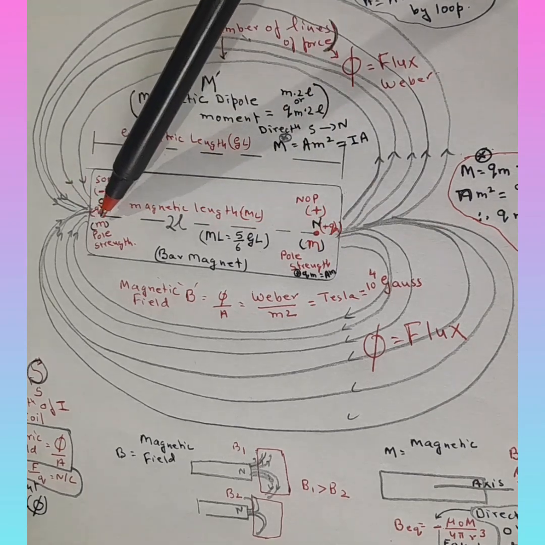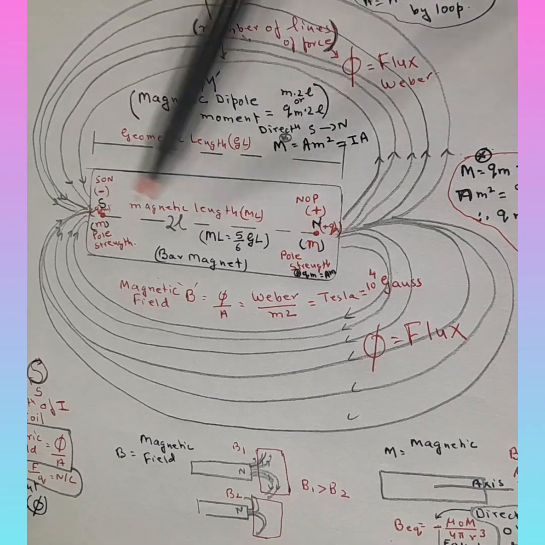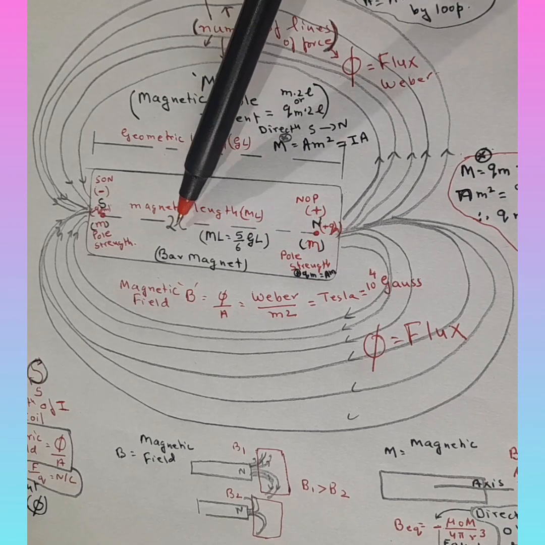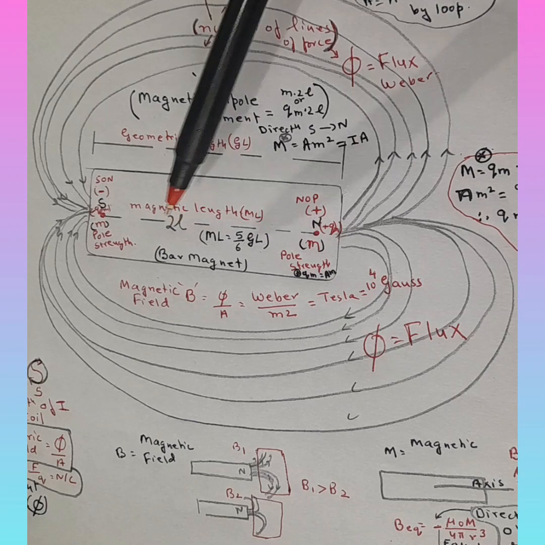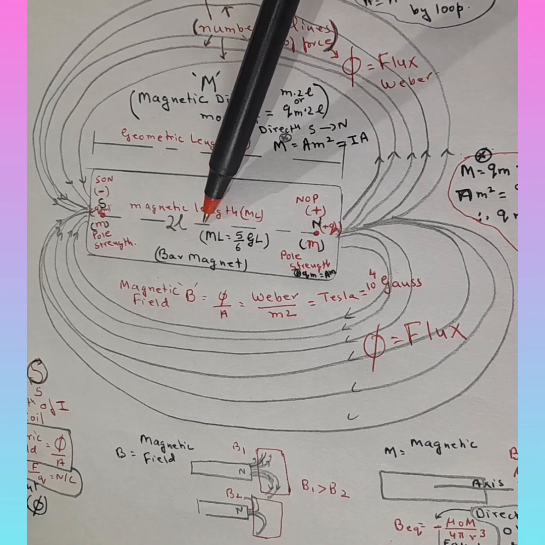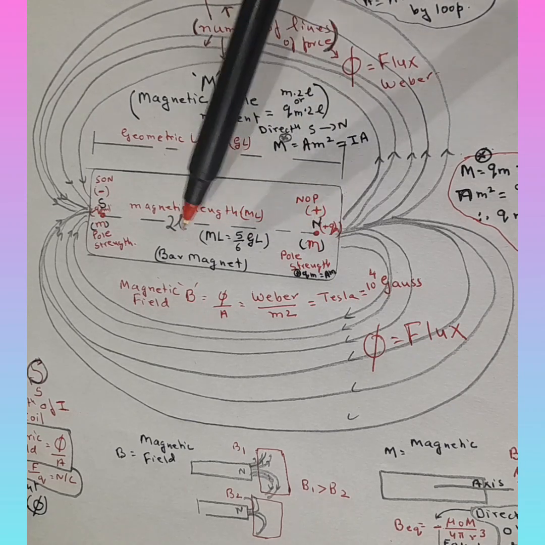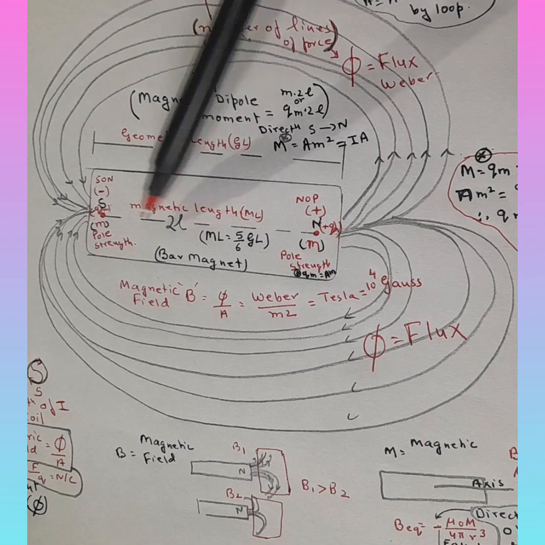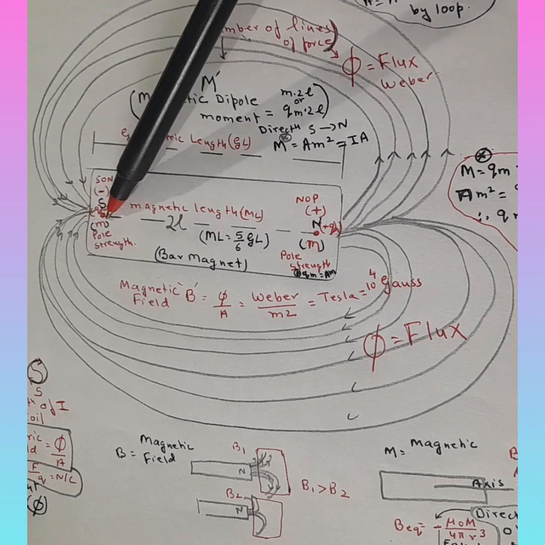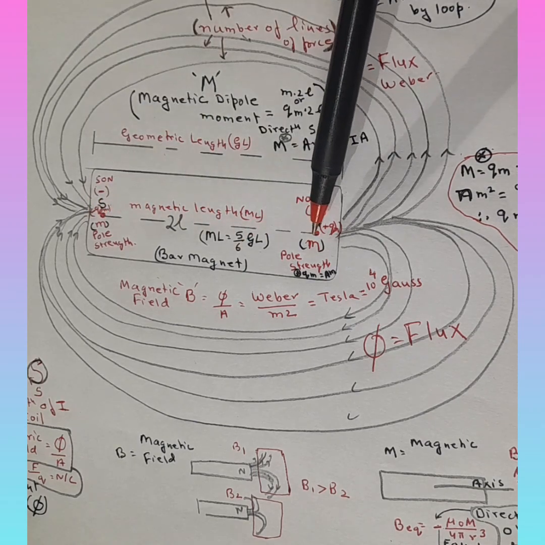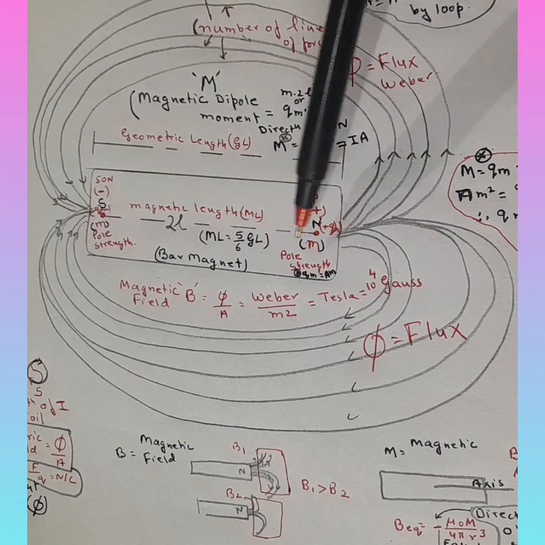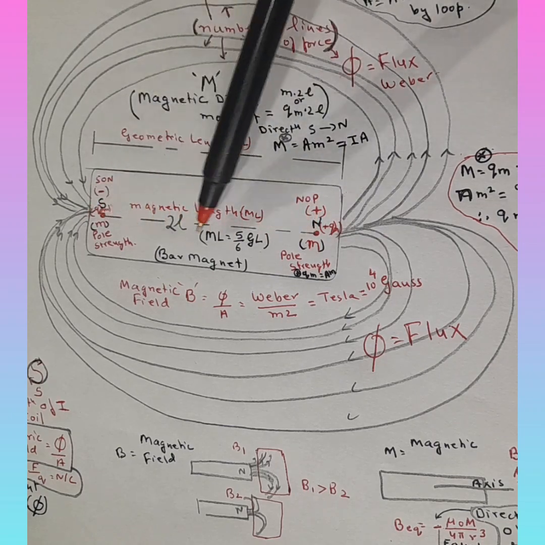Now the distance between south and north is 2L, where obviously L is length. So if we say 2L, that means from here to here it would be L, and from the midpoint over here to here it would be L. Mind you, we are talking of the distance between the poles, the magnetic length, which is 2L.